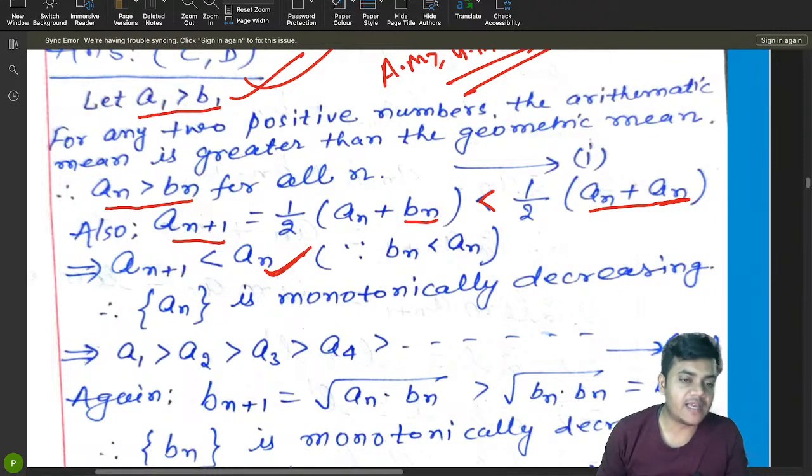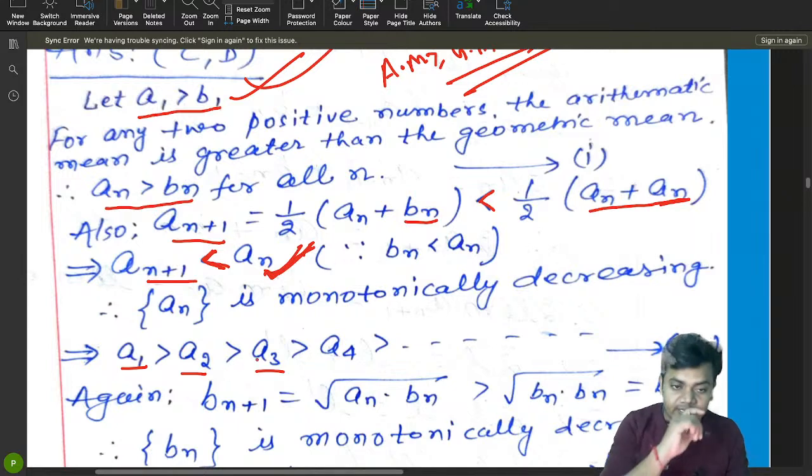What does it imply? If we put n equals 1, then a1 will be greater than a2. If we put n equals 2, then a2 will be greater than a3. So hence we can see that as we go ahead, the terms are decreasing, isn't it? a1 is greater than a2, a2 is greater than a3, a3 is greater than a4, and so on.